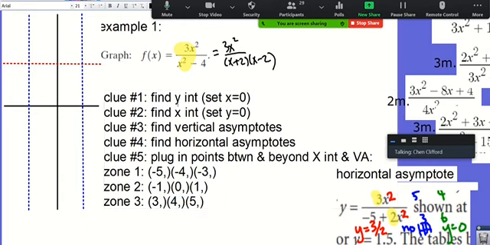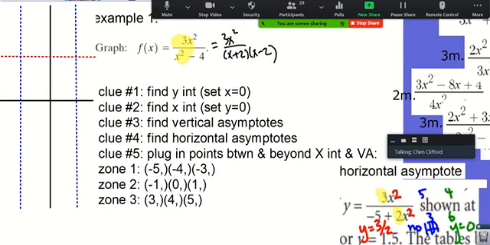Remember, if you're finding y-intercept, this is from IM1. If you're finding y-intercept, you set x equal to 0, okay? These points could all be y-intercepts. And what do they have in common? The x is 0.